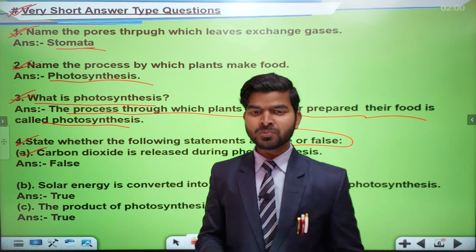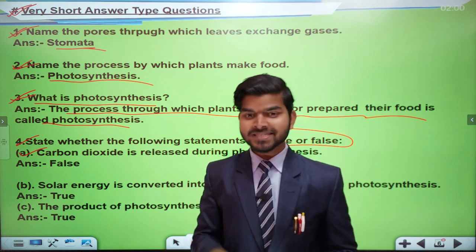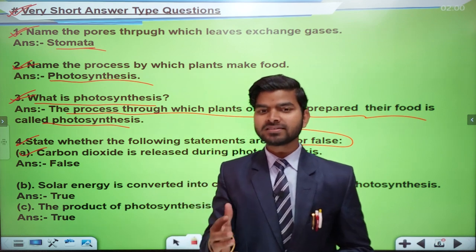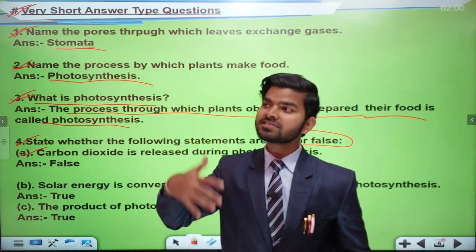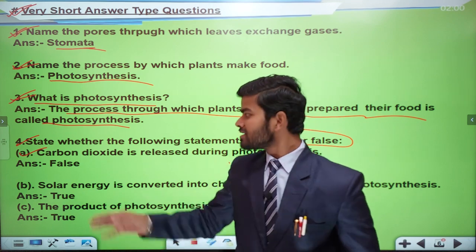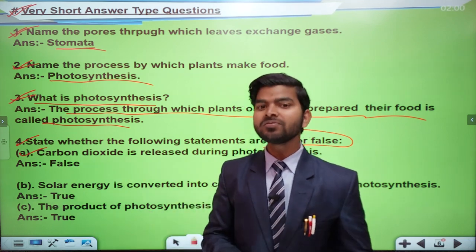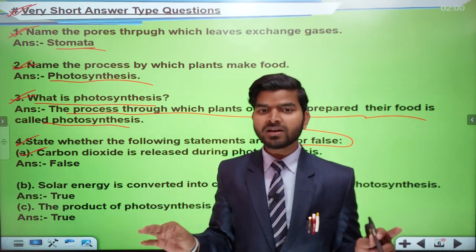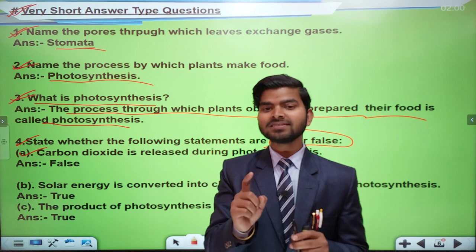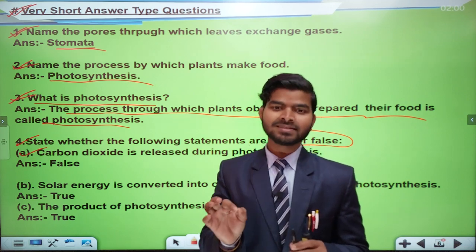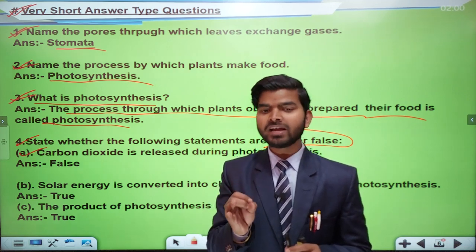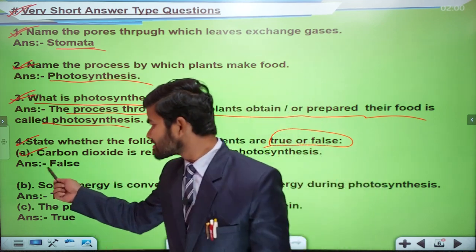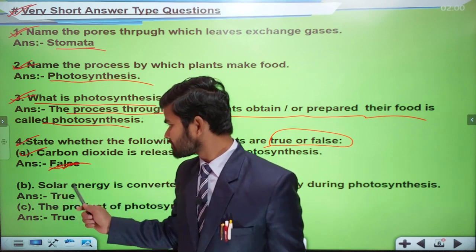No, oxygen is released during photosynthesis as a waste product, because carbon dioxide is absorbed during photosynthesis, and without carbon dioxide, photosynthesis is not possible. I have told you the topic of conditions necessary for photosynthesis: sunlight, chlorophyll, water, and carbon dioxide. So this is a false statement. All right, all clear.